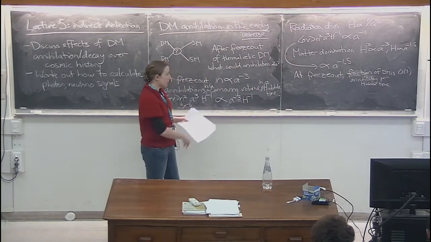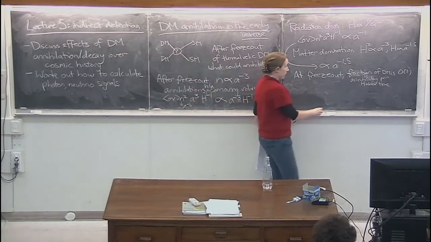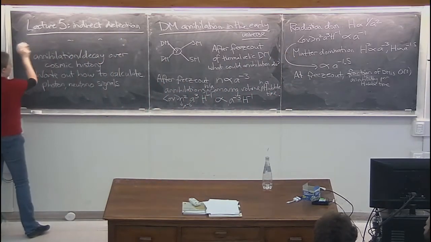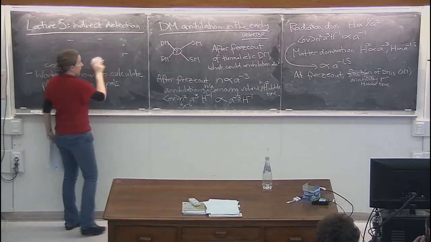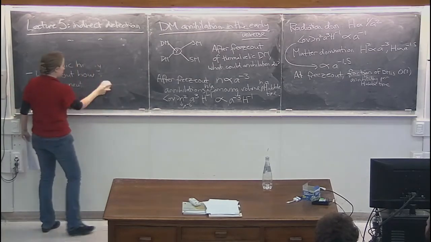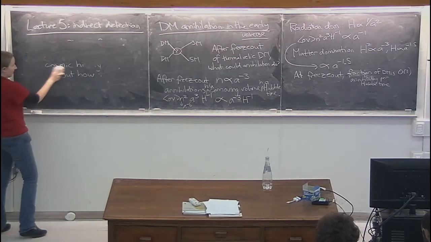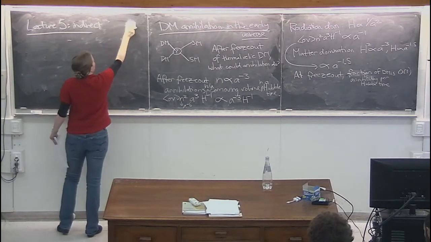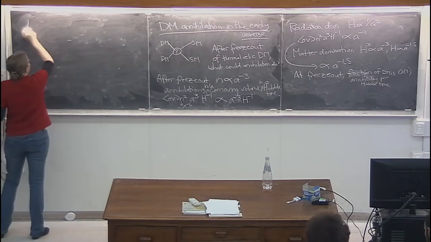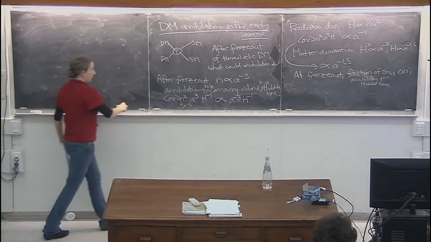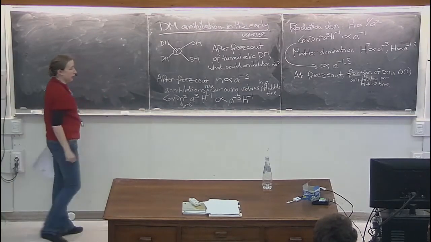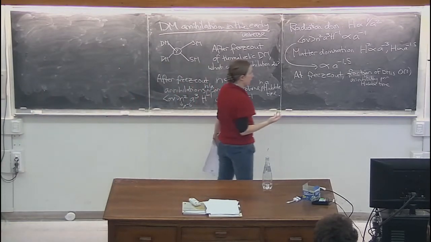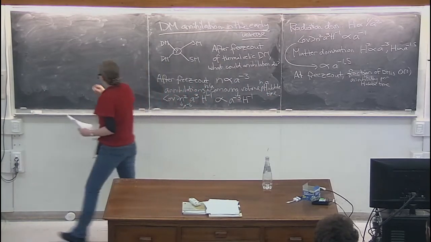So what does that mean? Let's take an example mass scale. If we considered 100 GeV dark matter that's annihilating with the thermal relic cross-section, which is just the classic WIMP picture, then we said when we talked about freeze-out that the ratio of temperature to the dark matter mass at freeze-out was about a factor of 20.